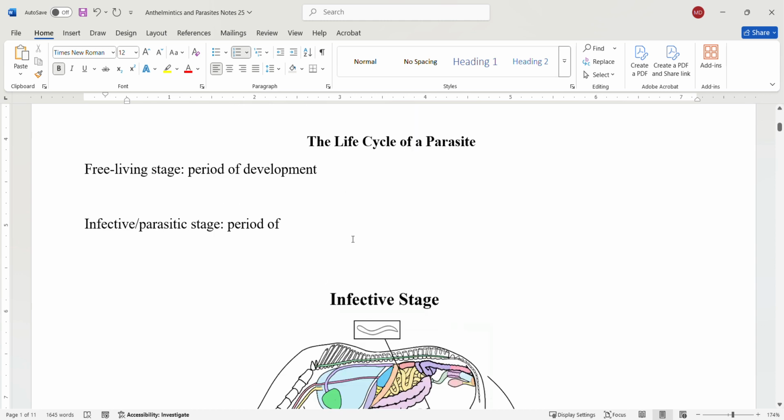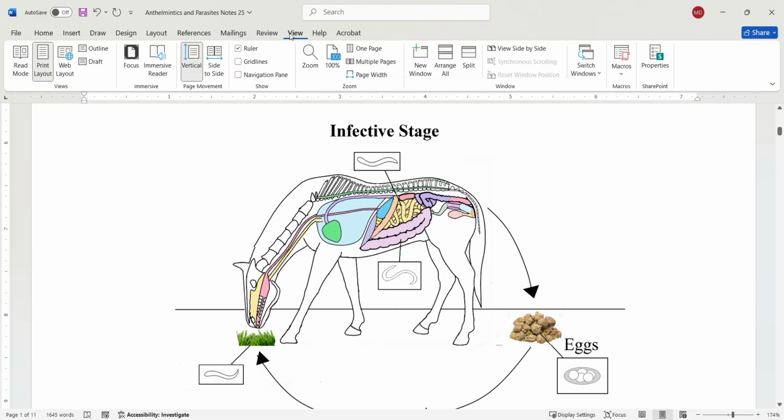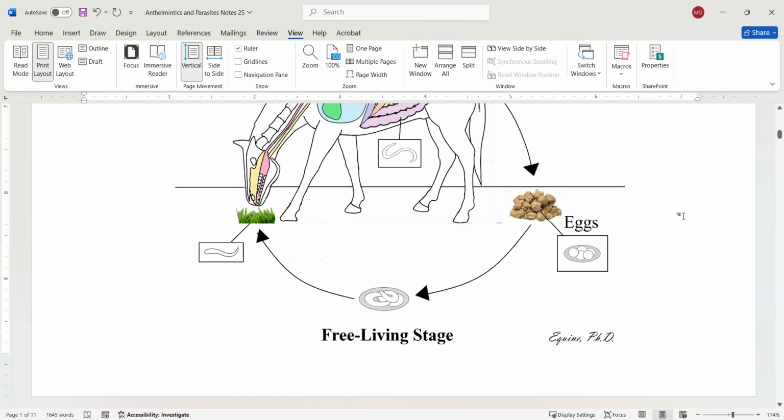And so the other main thing I want to talk about is the life cycle of the parasite, because knowing this life cycle is going to help us learn how to control them and also determine how this is different for different types of parasites. And so looking at this picture, we are going to have two main stages of our parasite life cycle.